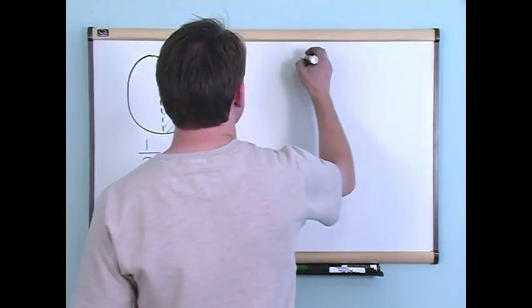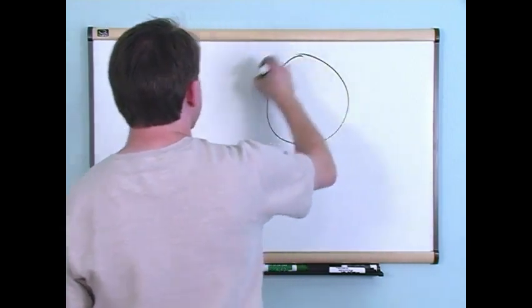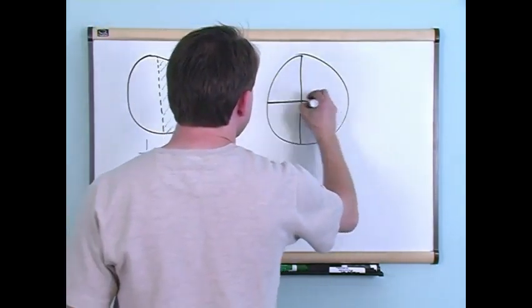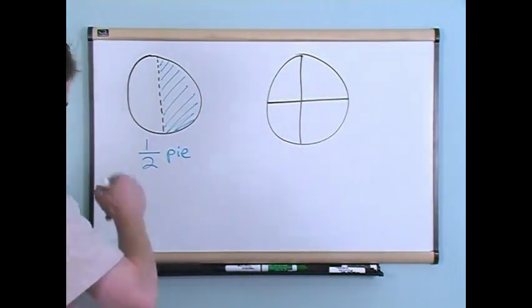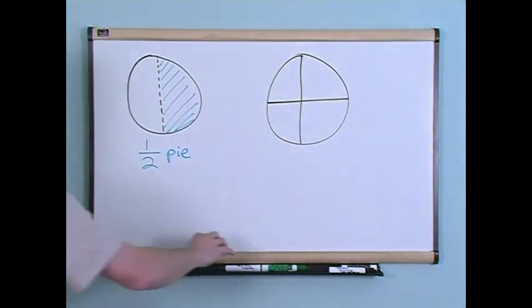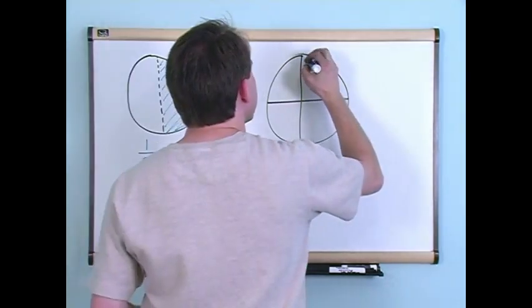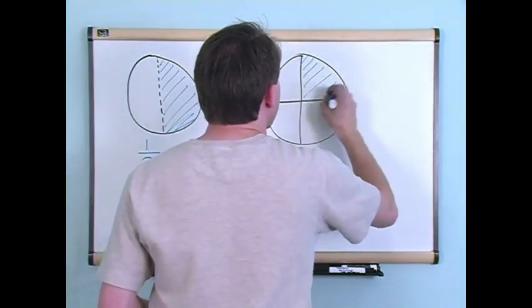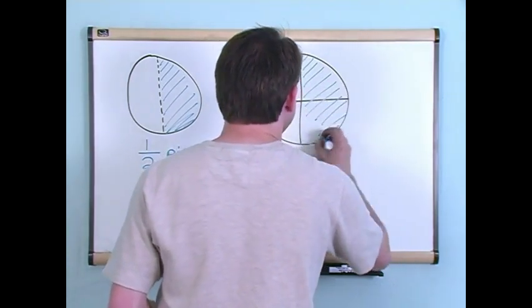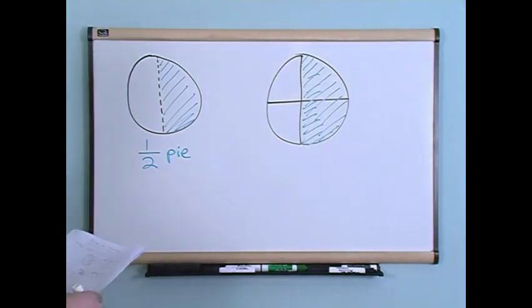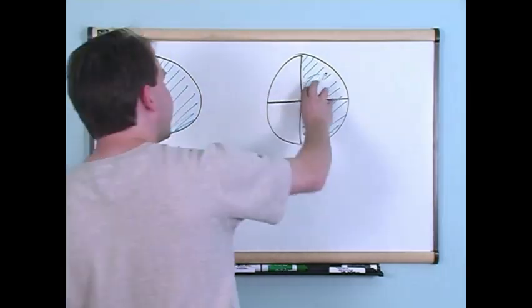What if I have another pie and I cut it again just like in the previous board like this, okay? But I don't just take one piece of this pie away. I take 2 pieces away. I'm going to take 2 pieces of pie and I've cut it into 4 pieces. So how much have I taken away here?